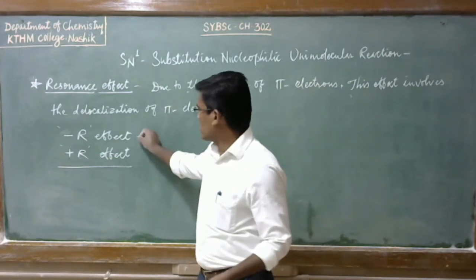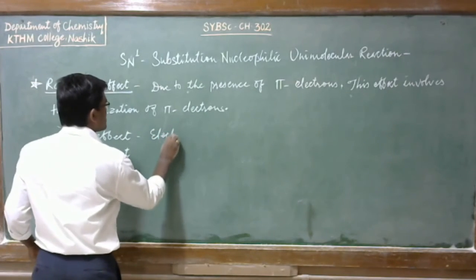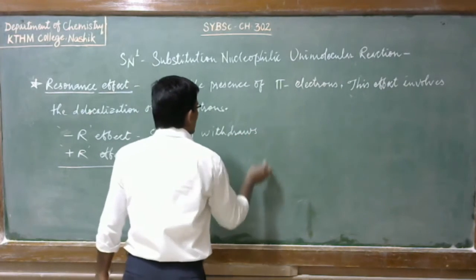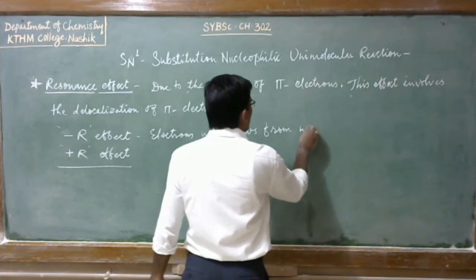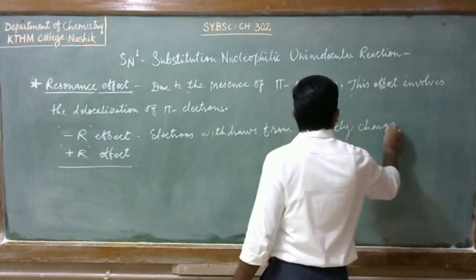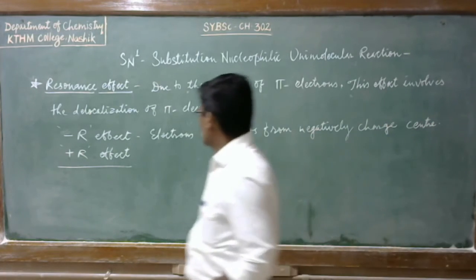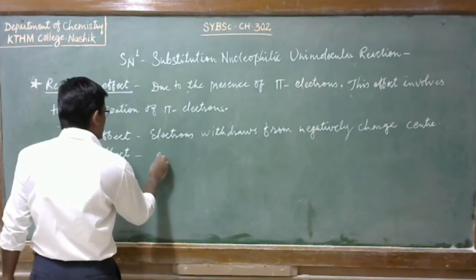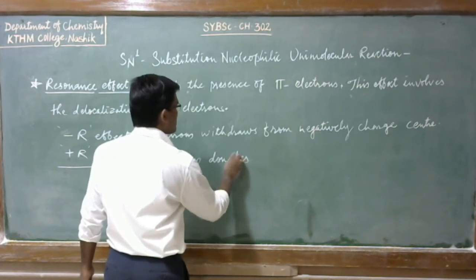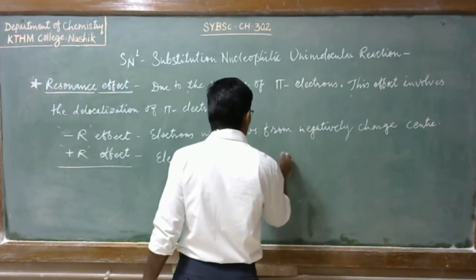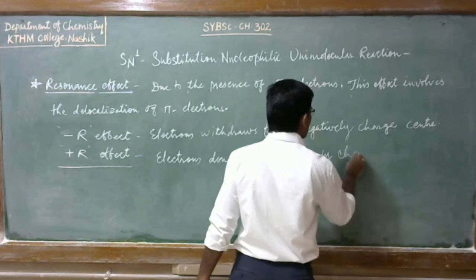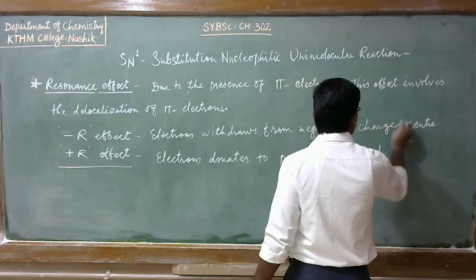So the minus R effect is the withdrawal of electrons from a negatively charged center, and in the plus R effect, electrons are donated to a positively charged center.